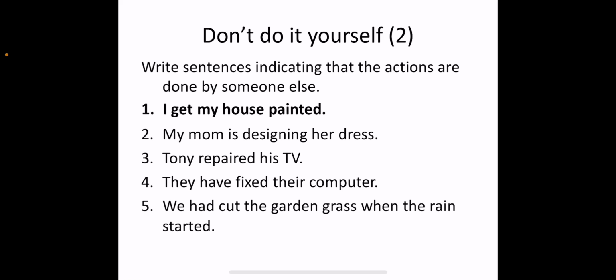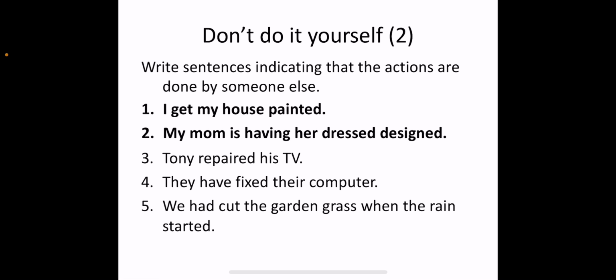My mom, now I need have or get, but check that it is continuous, so I need to put that one in continuous form. So I say my mom is having or is getting what? Her dress designed. Another person is doing the action for her, right? Number three, Tony repaired his TV.